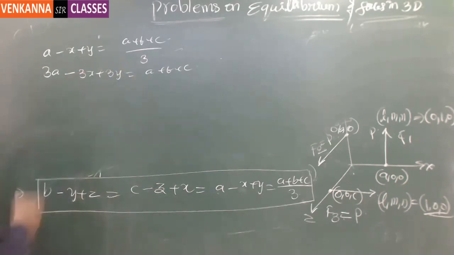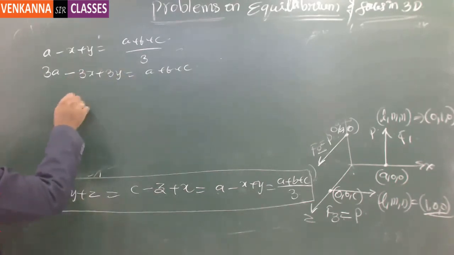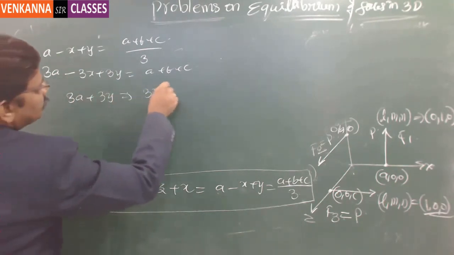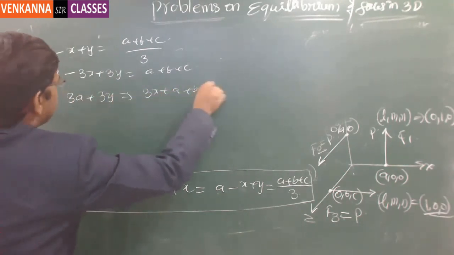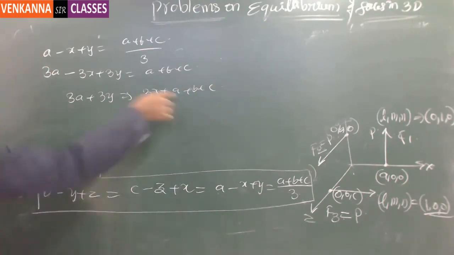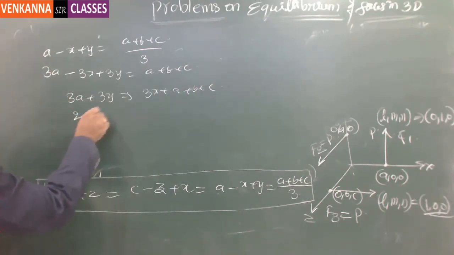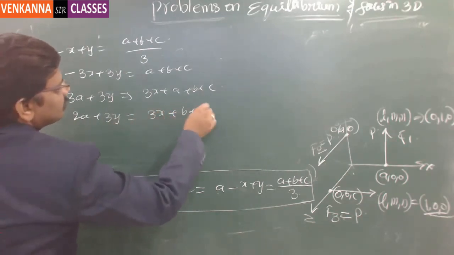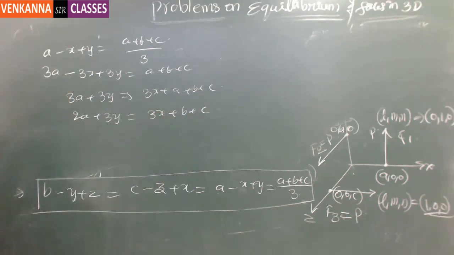Now 3x take it to the other side, then 3a plus 3y is equal to 3x plus a plus b plus c, and then a coming to this side, 2a plus 3y is equal to 3x plus b plus c.